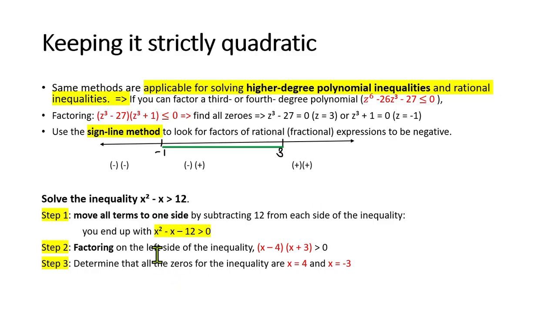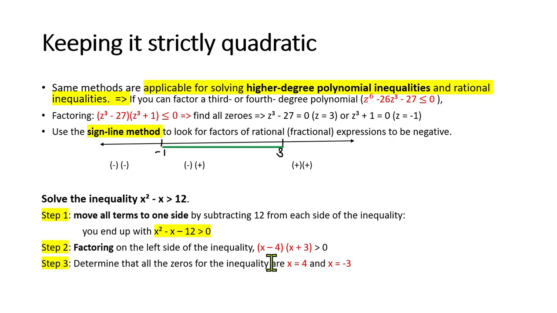Now we solve the inequality x squared minus x greater than 12. Again, you move all the terms to the left-hand side: x squared minus x minus 12 greater than 0. Then you factor the left side of the inequality. So 4 and 3 make 12, with the difference giving minus x, so minus 4: (x minus 4)(x plus 3) greater than 0.